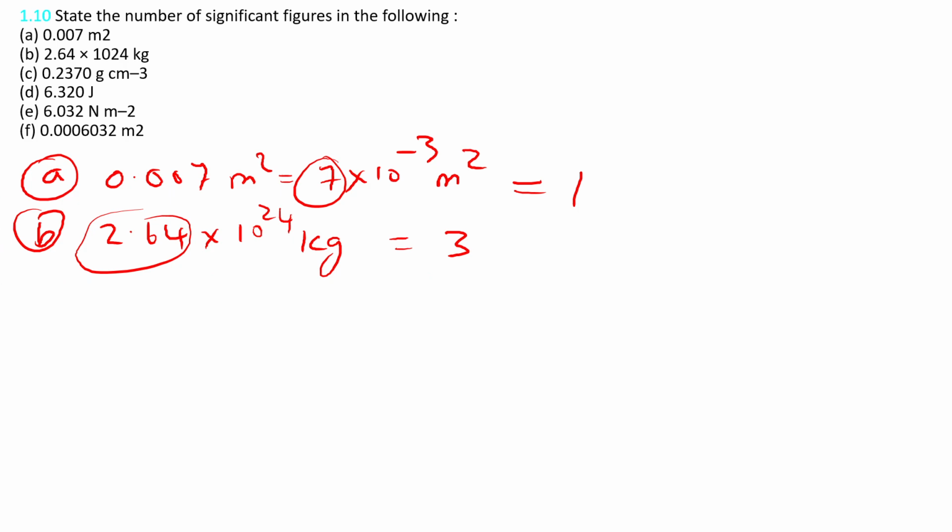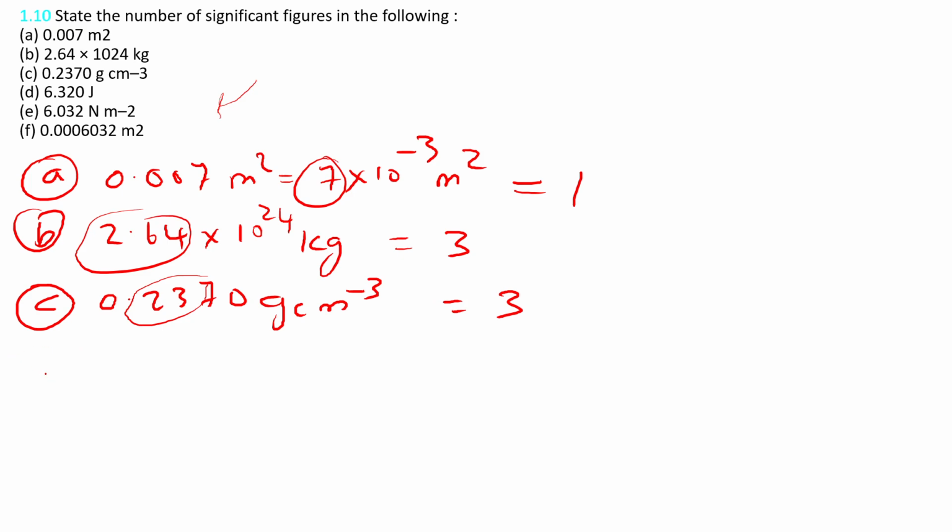Option C, 0.2370 gram per centimeter cube. We are not considering the leading 0, so we have only these 3 digits to consider. Again, the number of significant figures is 3.